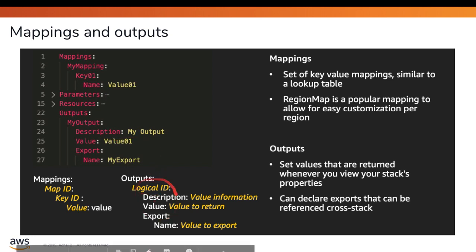Output basically contains a logical ID, some description, a value to return, and also an export value. Let's see what export is in a bit, but remember that export comes under outputs.